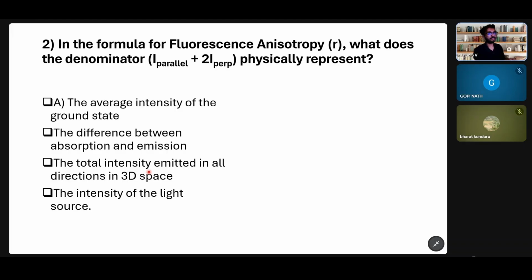So I perp is basically your I perpendicular; I've just abbreviated it. So options are: the average intensity of the ground state, the difference between absorption and emission, the total intensity emitted in all directions in 3D space, the intensity of the light source.